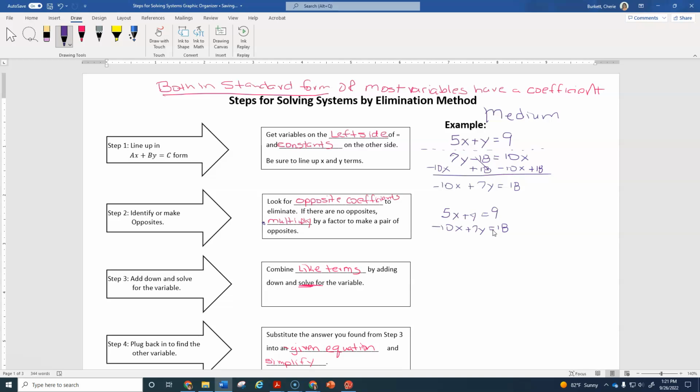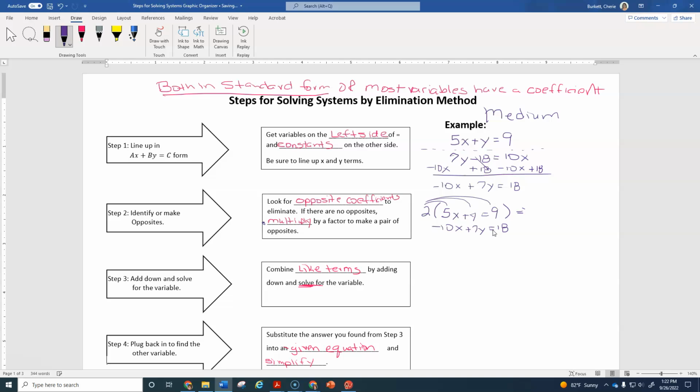Now, I'm checking for opposite coefficients. I have opposite signs right here, but I do not have the same number. But I recognize that since I have these opposite signs, it might not be too hard to change one of these into the other. For example, if I take this top equation and I multiply everything times 2, then I'm going to get a 10x, a 2y, and an 18.